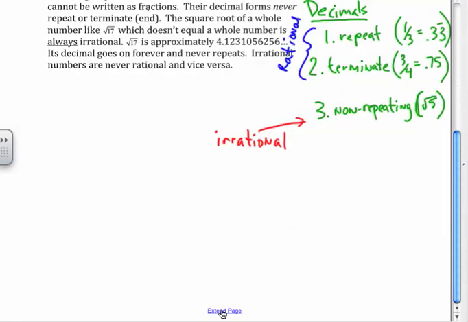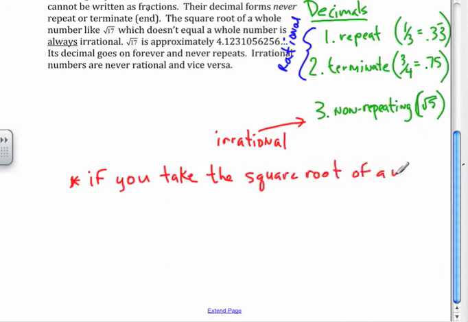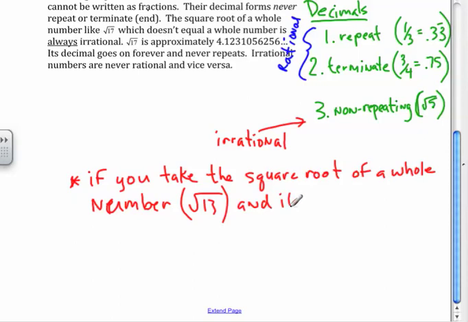All right? Now, there's one other note that I want us to make here, that if you take the square root of a whole number, and I'll put in parentheses square root 13, and it does not equal a whole number, then it is irrational.